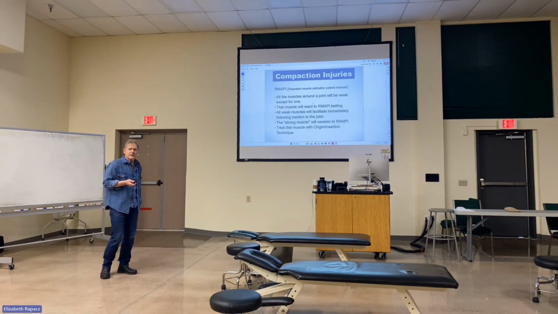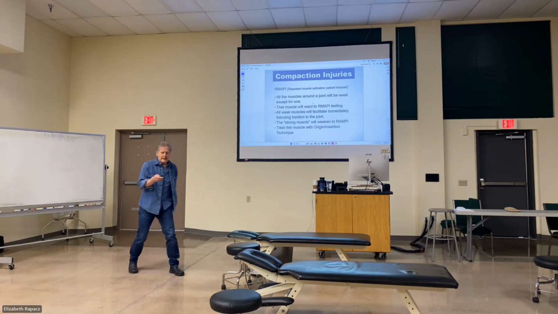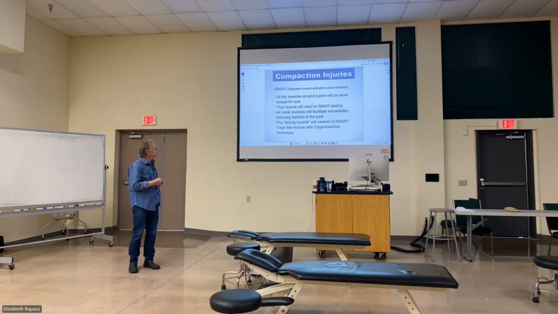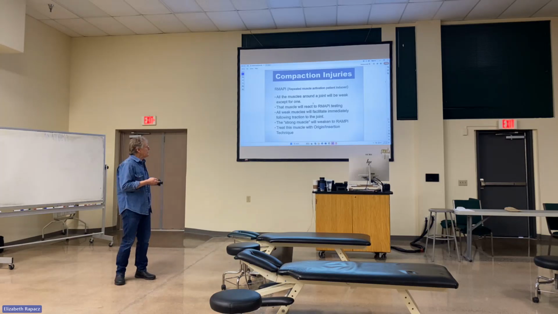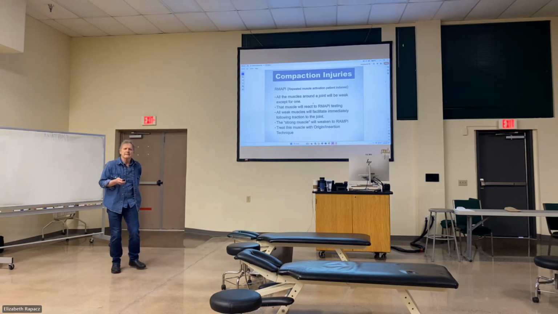Anyway, O and I is your go-to. This is usually when you fixed a bunch of stuff and then the thing comes back. That's when you really start thinking of O and I. Traction of the joint will be your giveaway. Those muscles are all weak, and you traction the joint and they turn on.